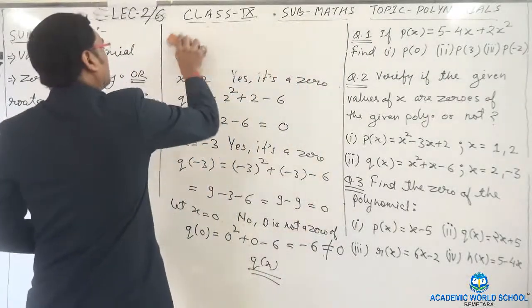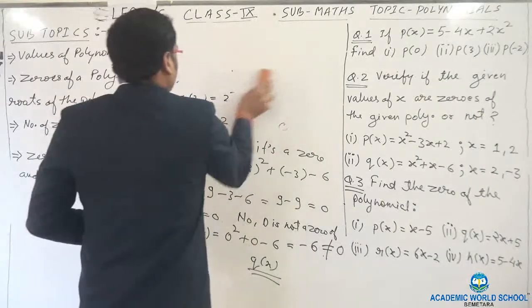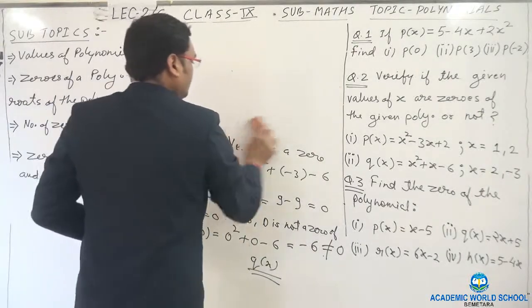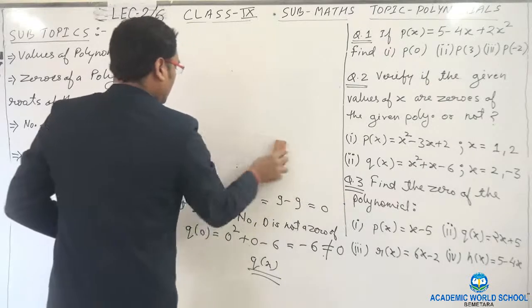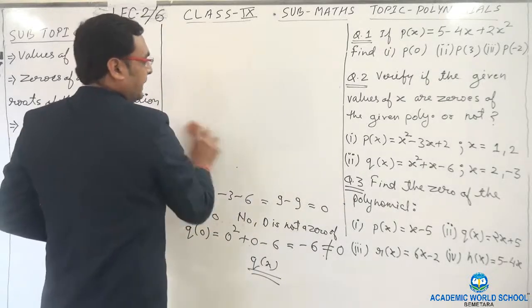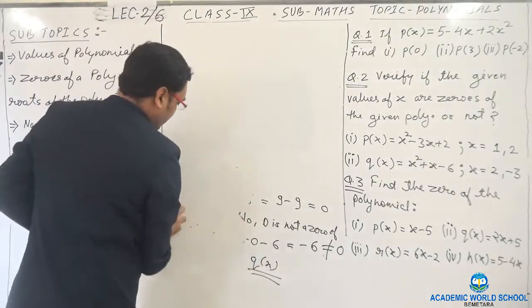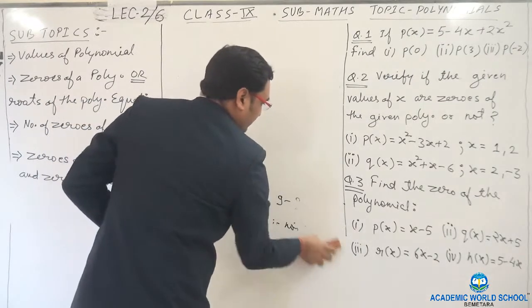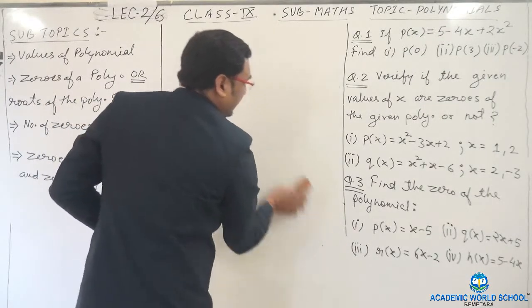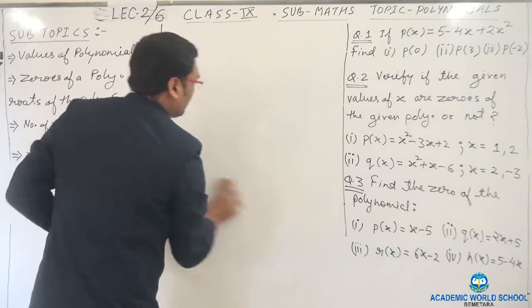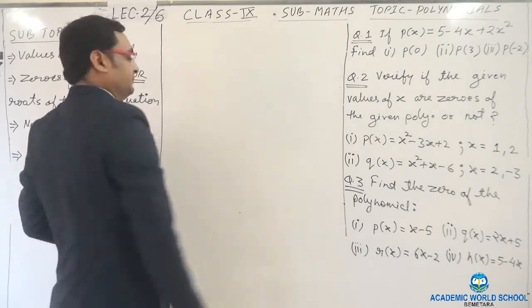Next, question 3. Question 3 is find the 0 of the polynomial. We are given with polynomial and we have to find the 0 of those polynomials.